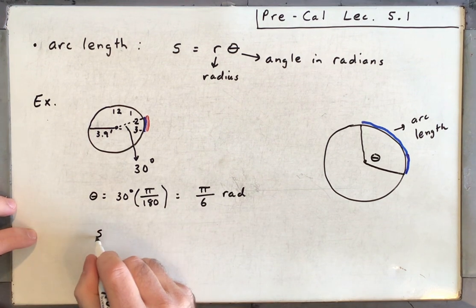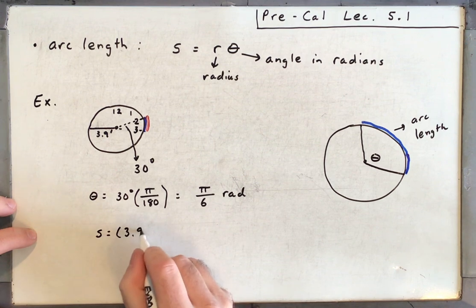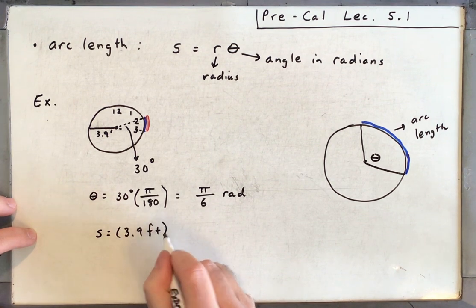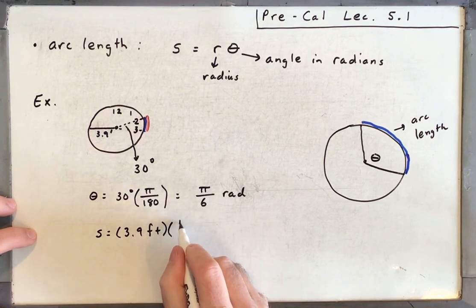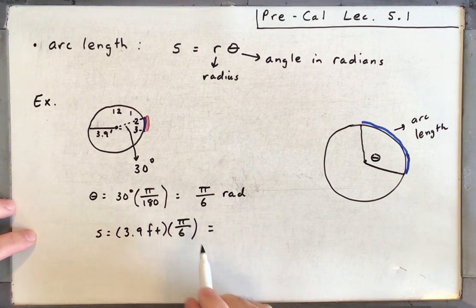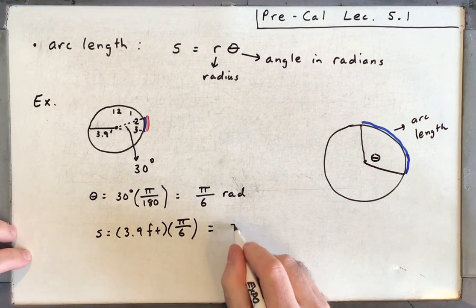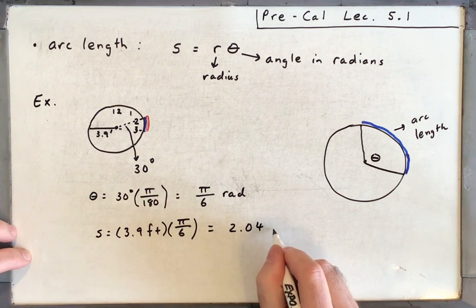All right, so our arc length is going to be the radius, 3.9, times theta in radians, pi over 6. All right, you can use the pi key on your calculator. That is 2.04 feet.